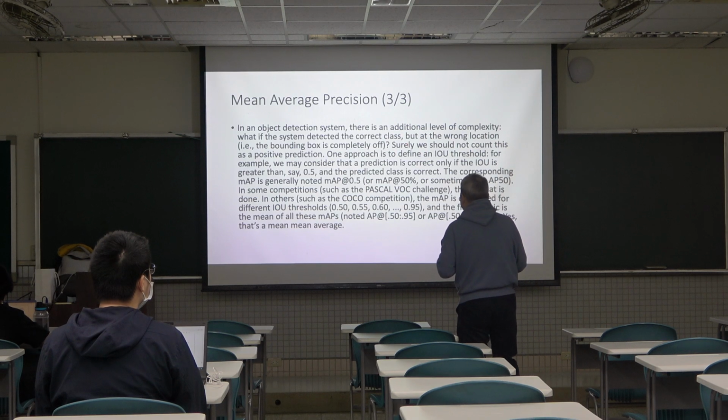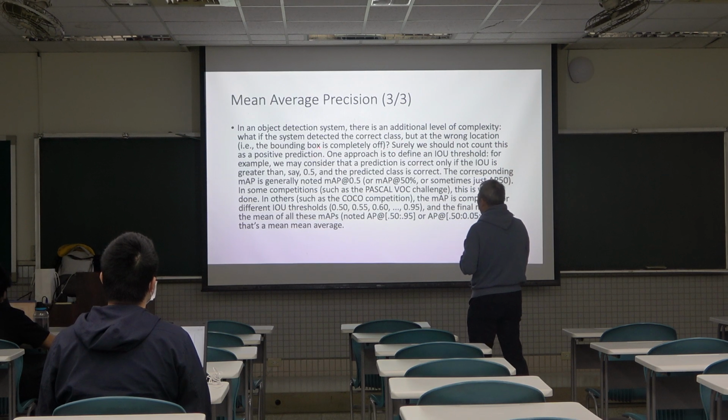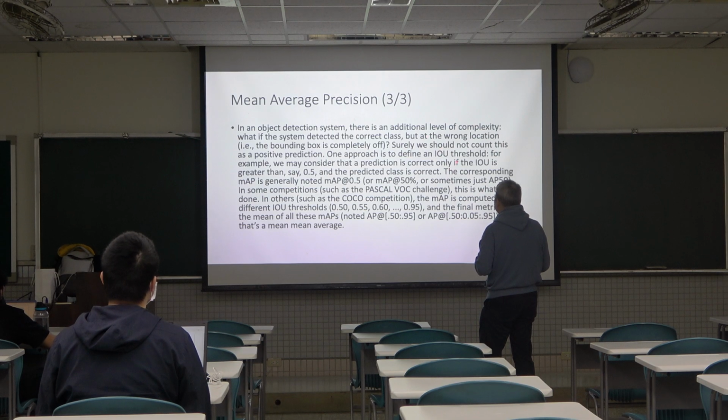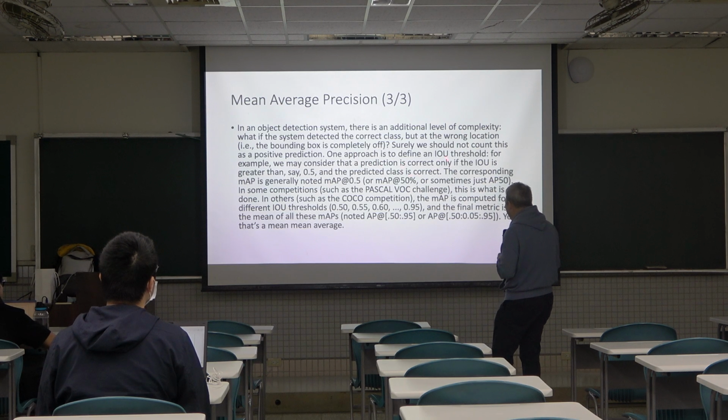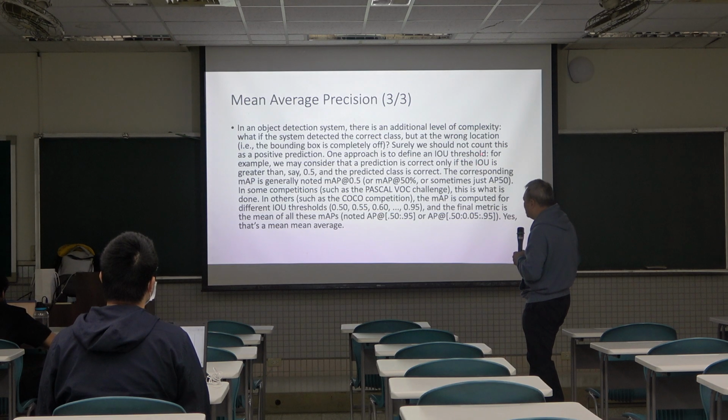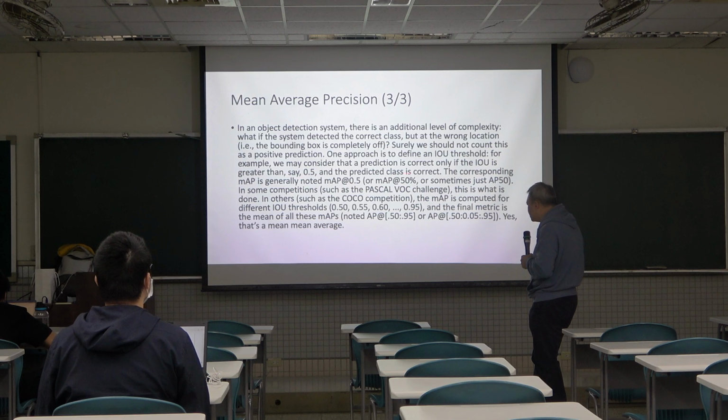So what happens is we can define an IOU threshold. For example, we can consider a prediction correct only if the IOU is greater than, for example, 0.5, and the predicted class is correct. So we only consider that.